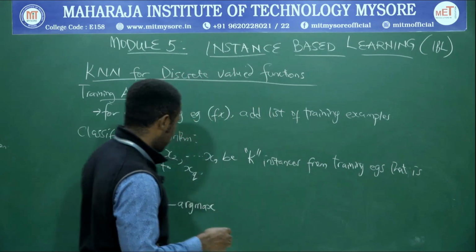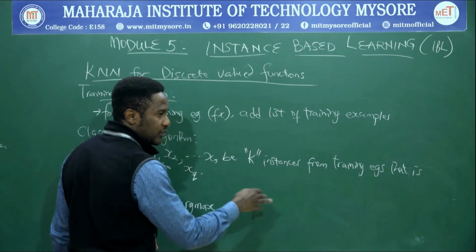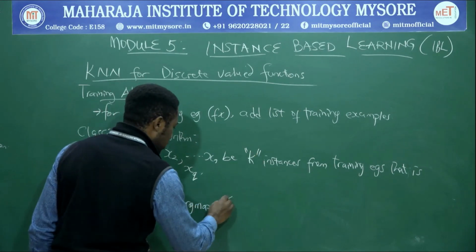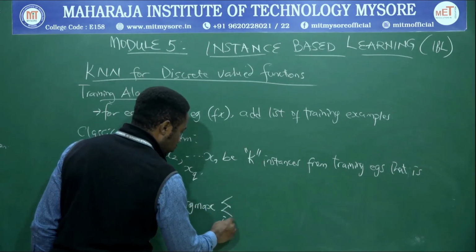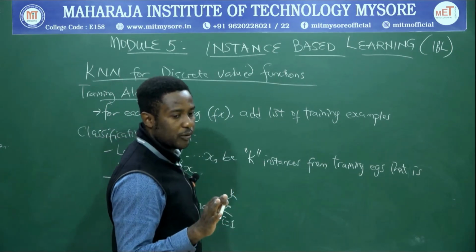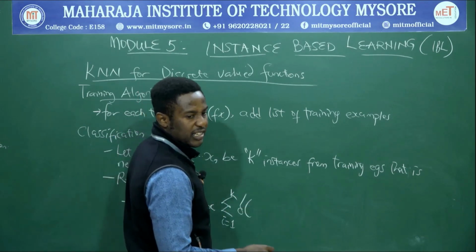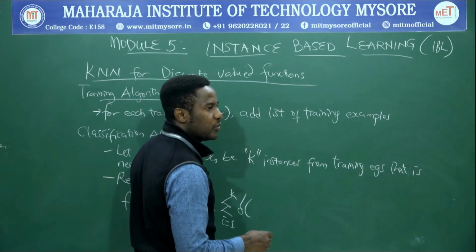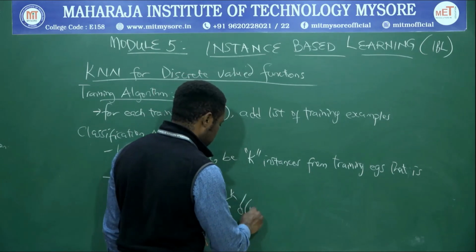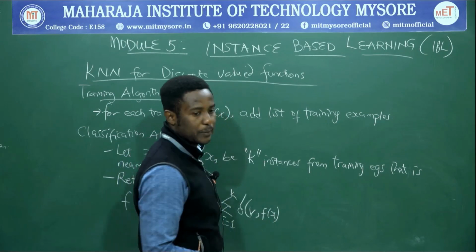Now we will have the argmax of, and remember we are going to sum this over those new instances, so we have the summation of i equal 1 to k. We find the partial derivative of the function with respect to some constant.